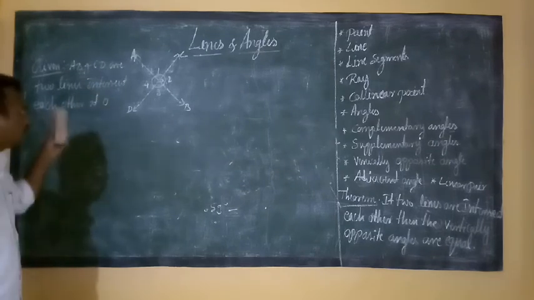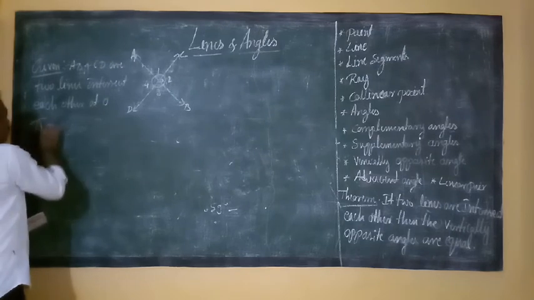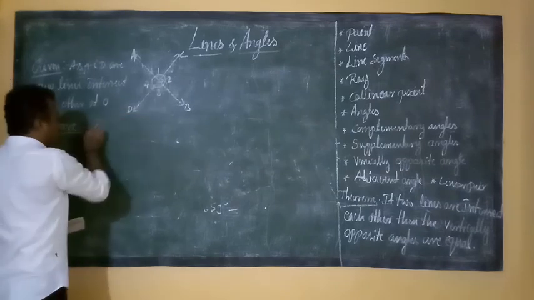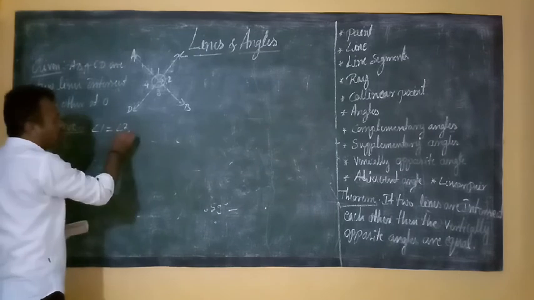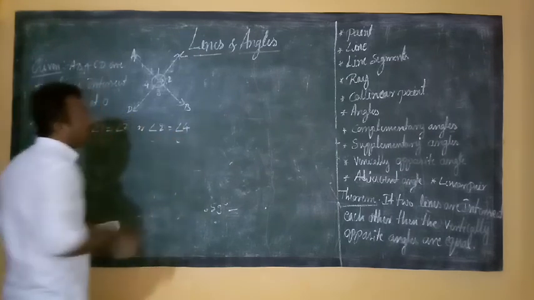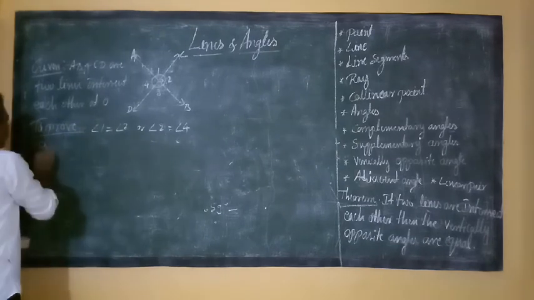That is the given. And then, what we want to prove: angle 1 and angle 3 are equal, and angle 2 and angle 4 are equal. Correct students? Now, the proof.